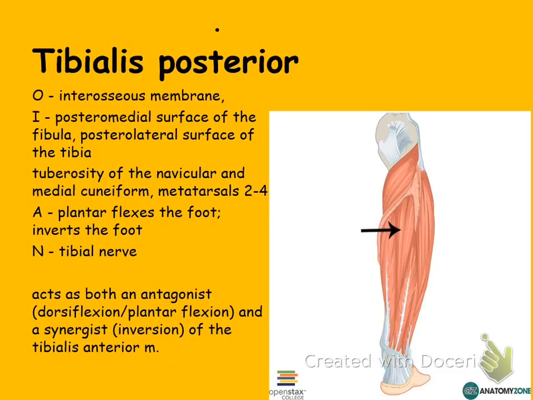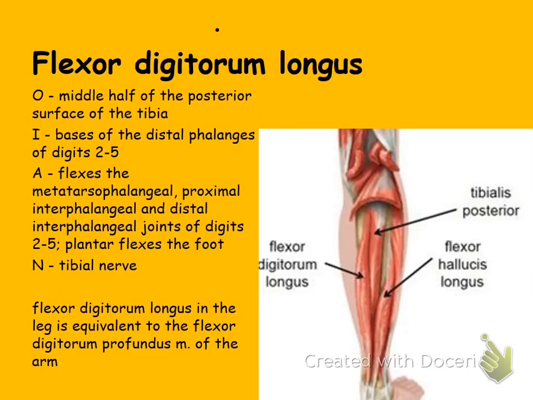Goes down the back of the leg, originates from the interosseous membrane, inserts on the posterior medial surface of the fibula. Goes all the way down, and it plantar flexes the foot and inverts the foot, just like the others. It's an antagonist to the anterior muscles.